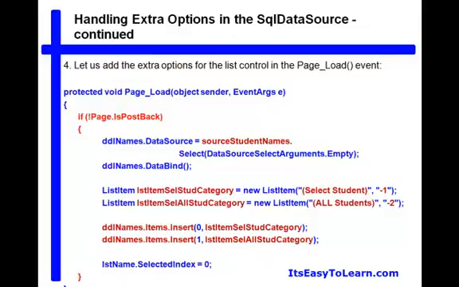Next, we create two new items, an item called select student and an item called all students. The value for the select student is -1 and the value for the all students will be -2. These two items are added to the list, one below the other, and the topmost one, select student, is selected.